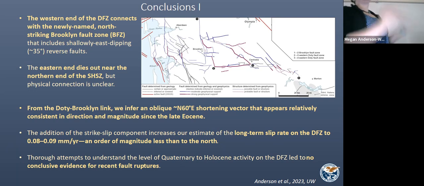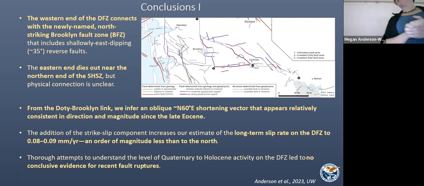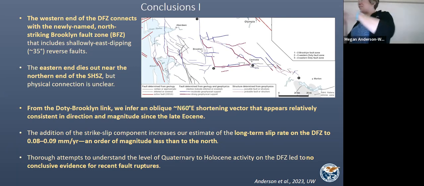The part that I didn't talk about is we looked really hard for evidence of recent ruptures on these faults. It's very difficult in this part of the state because it wasn't glaciated, so we don't have this nice blanket of quaternary deposits to offset and make nice scarps and have nice dates on it. We really struggled and didn't find any evidence of recent movement, but there are very few places to look down there.